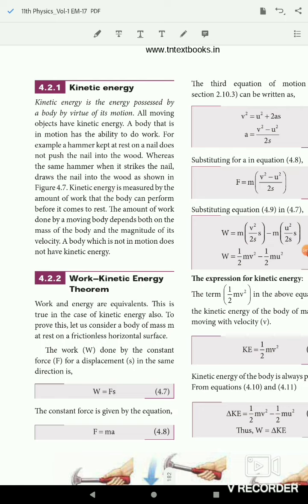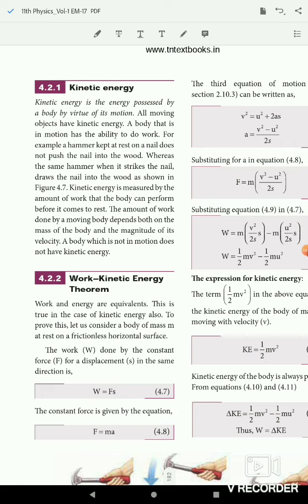So, define kinetic energy. Kinetic energy is the energy possessed by a body by virtue of its motion. All moving objects have kinetic energy.